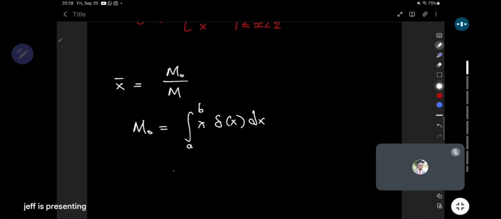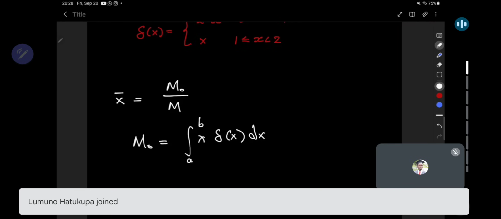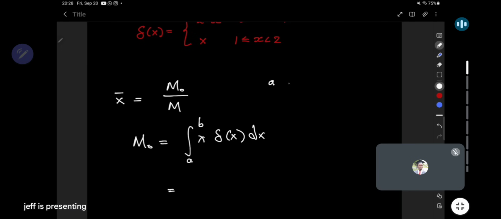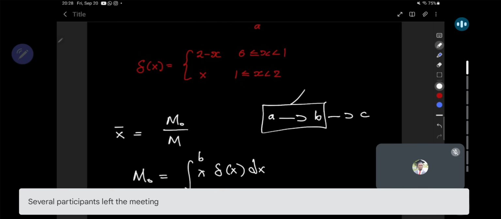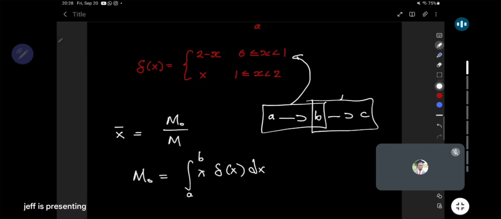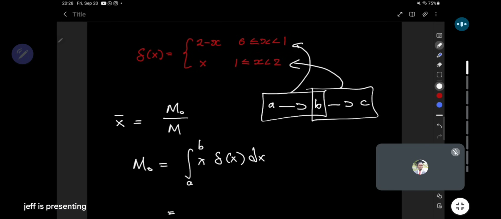It's like you are splitting the interval into two parts, A to B, then B to C. From A to B, the density is defined by this. From B to C, the density is now defined by this. Added together, this is what will give you the full thing.